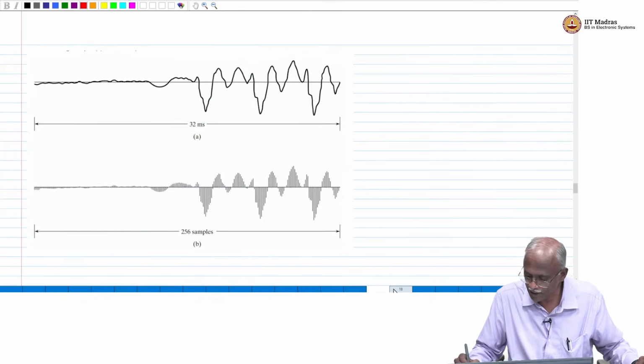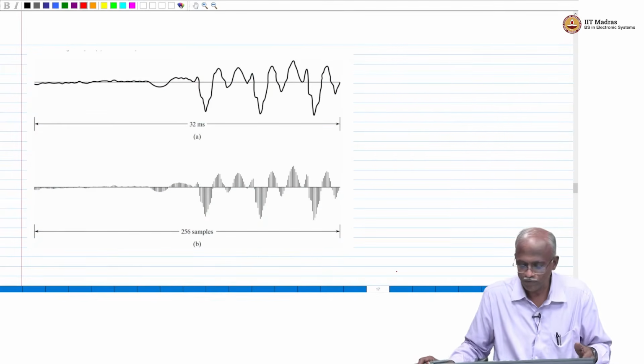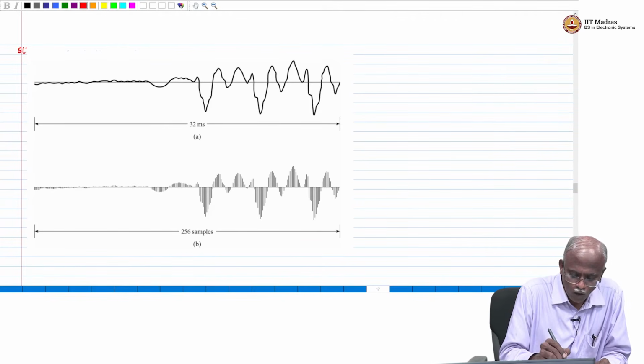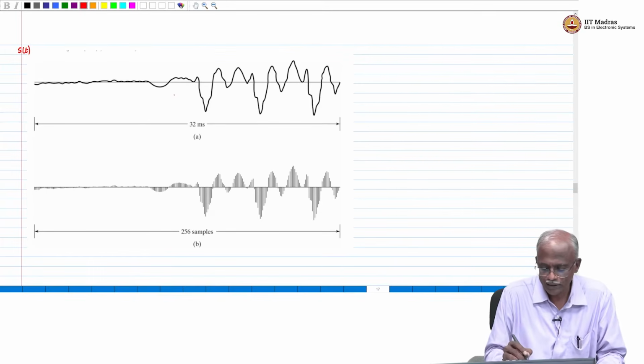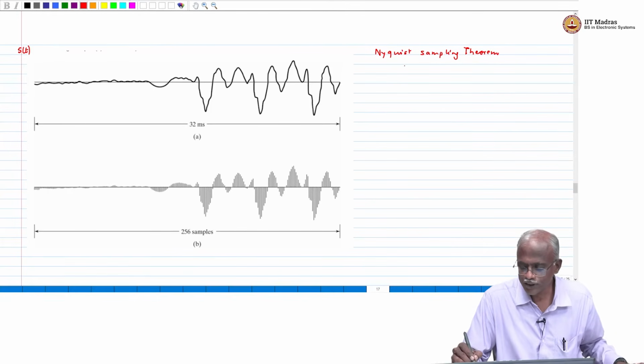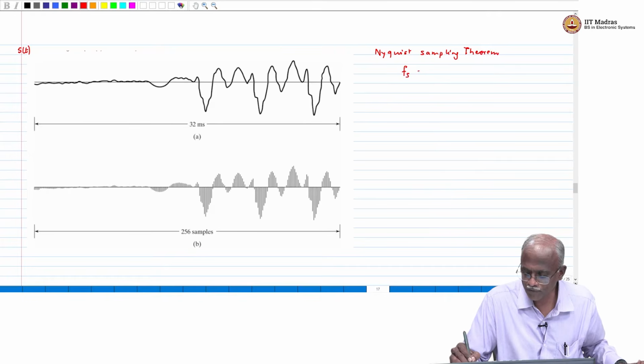This is the same speech signal, s(t). The Nyquist sampling theorem in this particular case says that your sampling frequency Fs equal to 1 over Ts must be greater than or equal to 8 kilohertz.